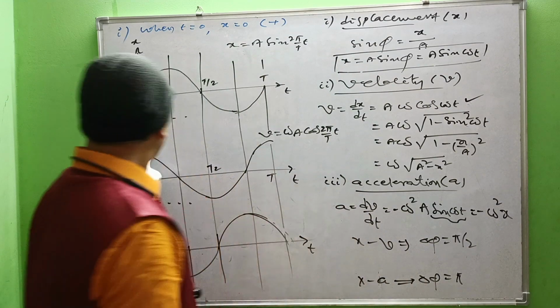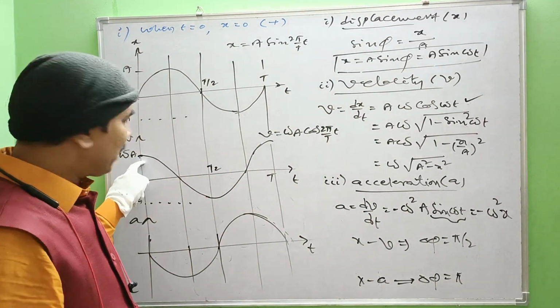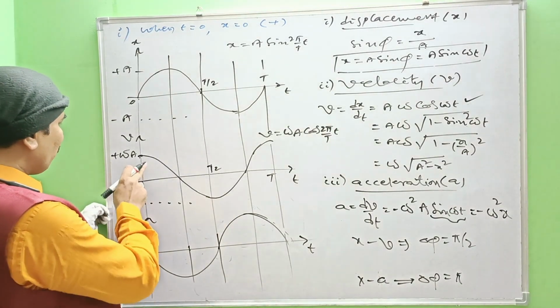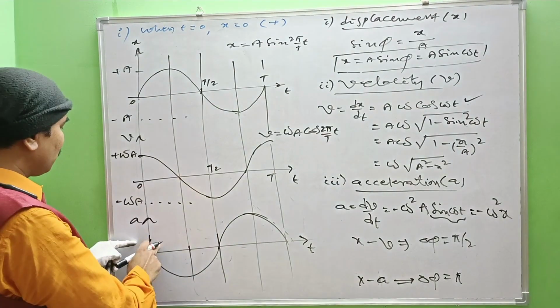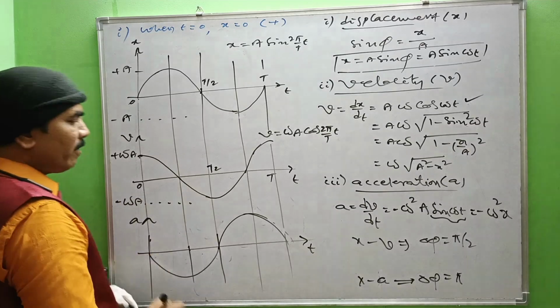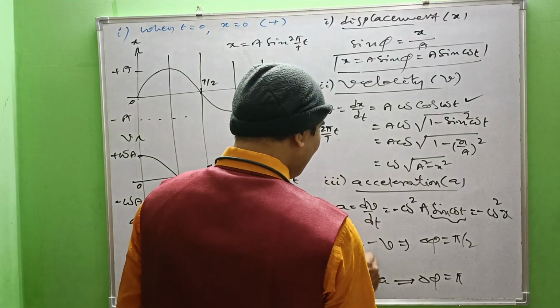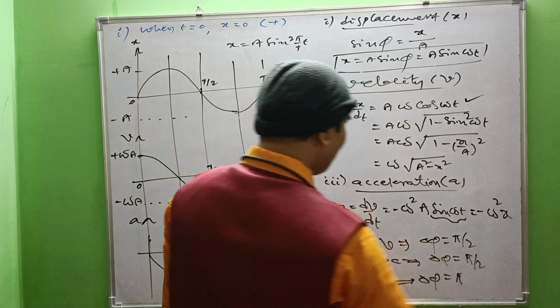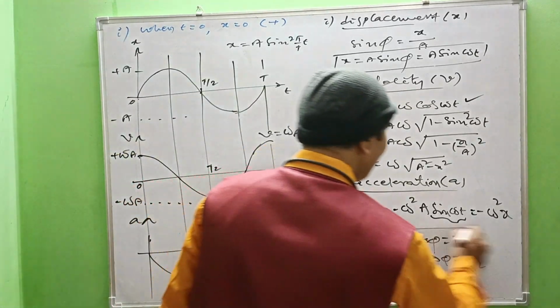That is, velocity is ahead of displacement by pi by 2 radian. In the same way, between v and a also, delta phi equal to pi by 2, right? Like that. These are the variations.